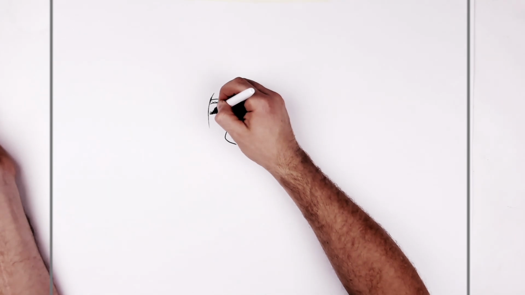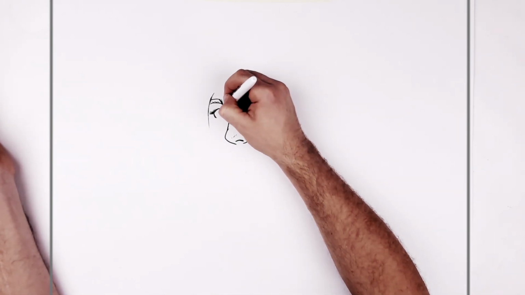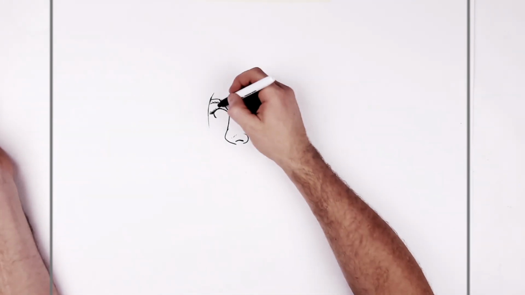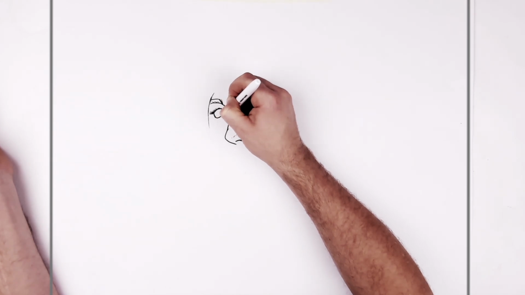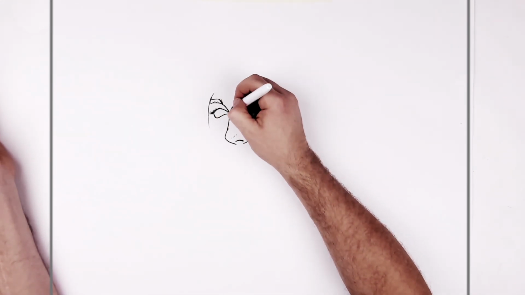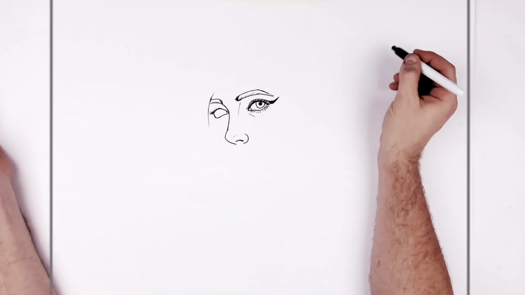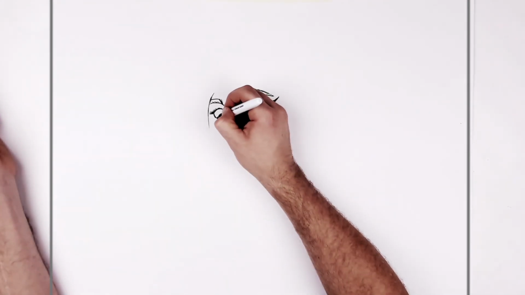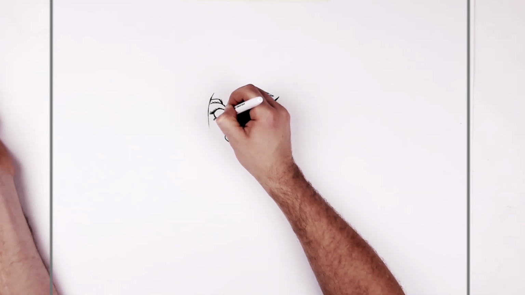And then the eyeball itself, about here. And then this comes around back up into the corner. The tear duct will be right in the corner here. And then we have eyelashes coming off here as well, like dots and dashes and stuff.